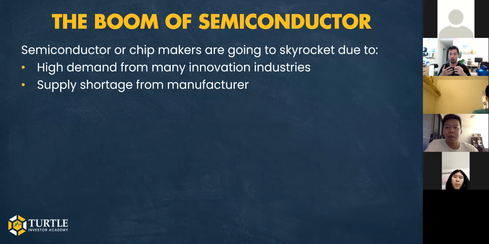If the supply shortage is not fixed, other innovative industries will be crippled. Hence a lot of governments try to boost production and fix the supply chain, so there is a lot of support to make the semiconductor companies successful. So last webinar we looked at a lot of ideas, more like supporting information.